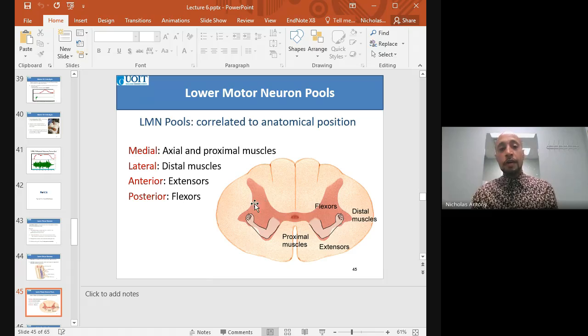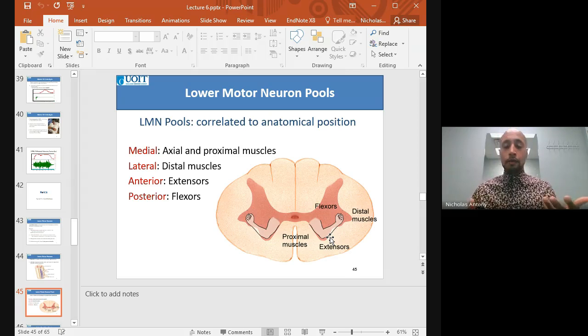So medially in the gray matter, we have our axial and proximal muscles, the muscles that are more medial to us, whereas distal muscles like the finger muscles would be located more laterally. Flexor muscles are located posteriorly, whereas our extensor muscles are located more anteriorly in the gray matter.